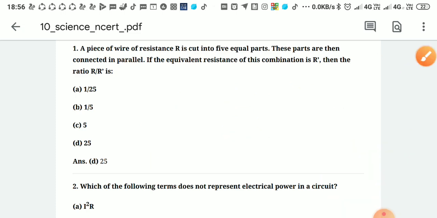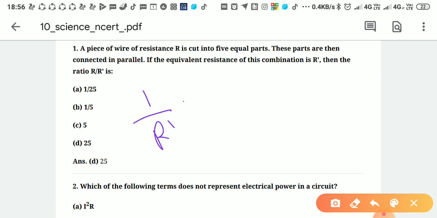Then we will solve this. Now it will become 1 upon R dash equals 5 upon R plus 5 upon R, and so on, 5 times.